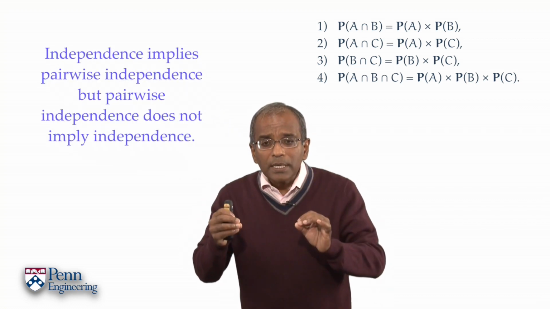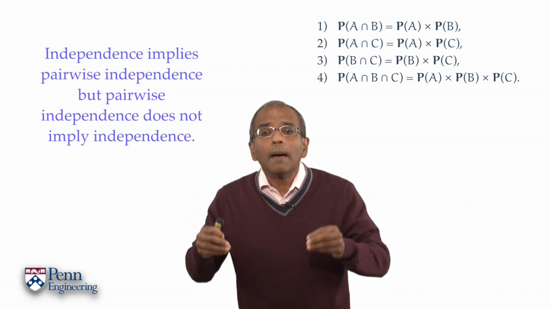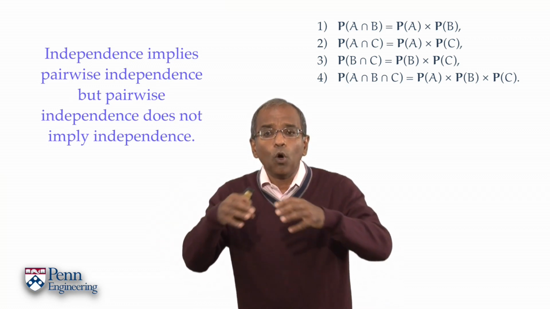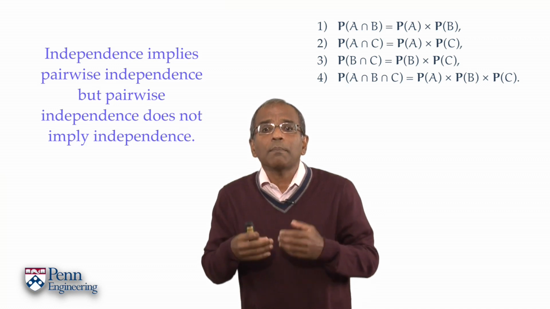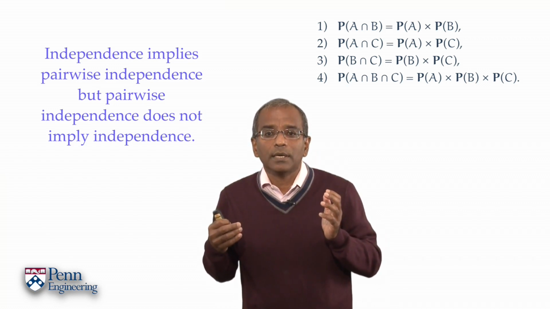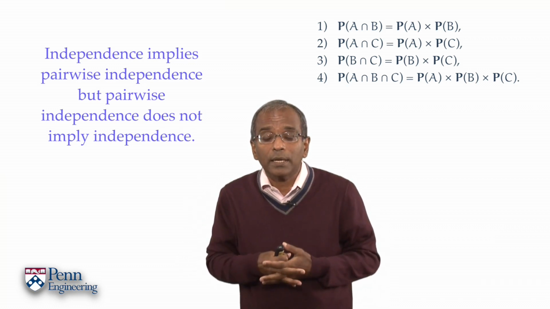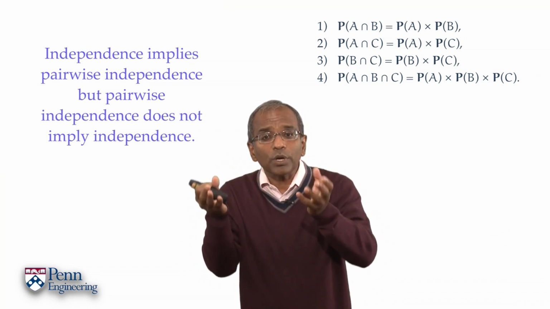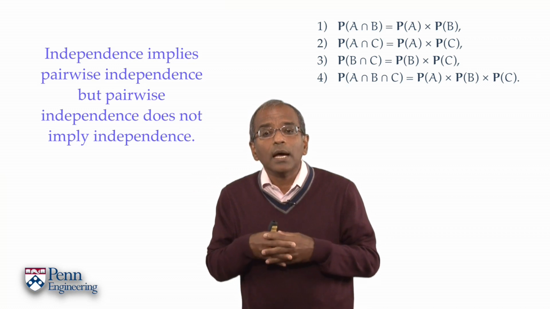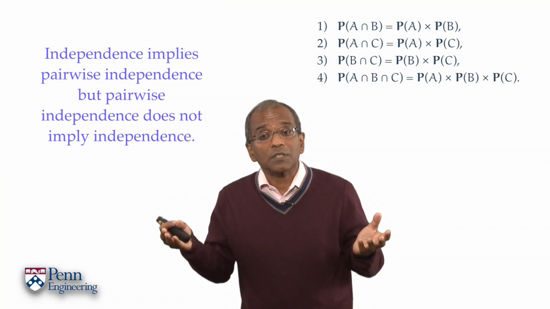Our examples have led us to conclude that independence certainly implies pairwise independence. If all 4 rules are satisfied, then manifestly the first 3 are satisfied. So when you have joint independence, pairwise independence is implied. But just having the first 3 of those properties satisfied does not imply that all 4 are satisfied.